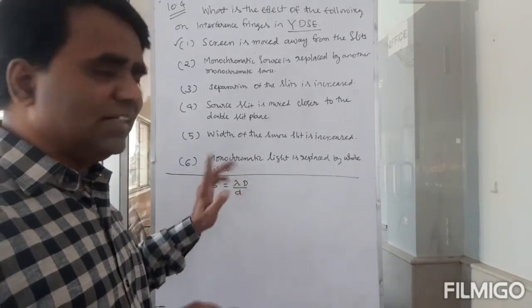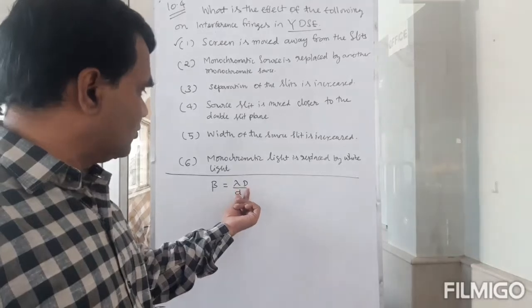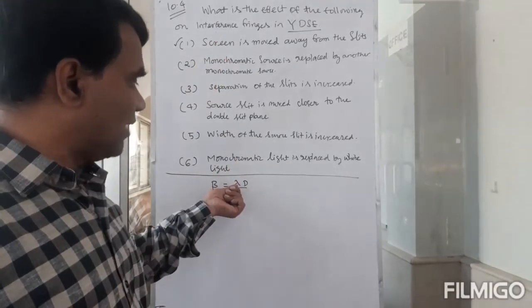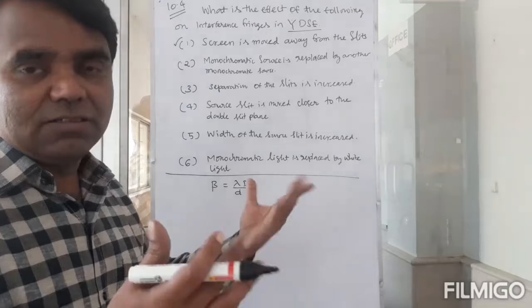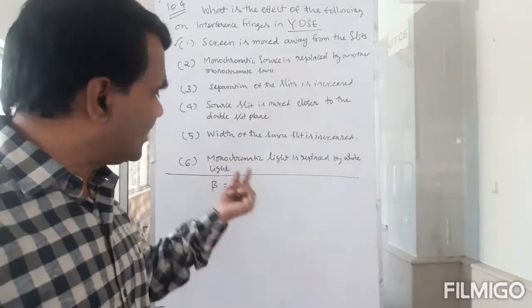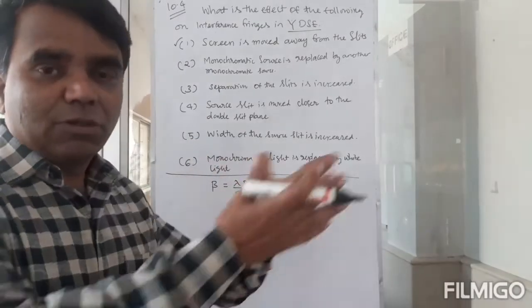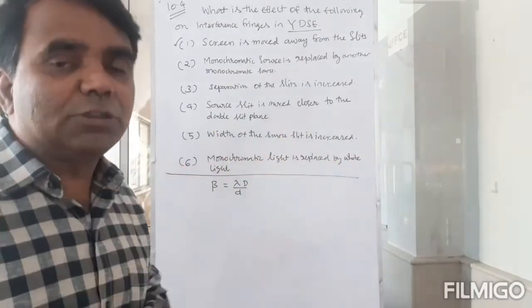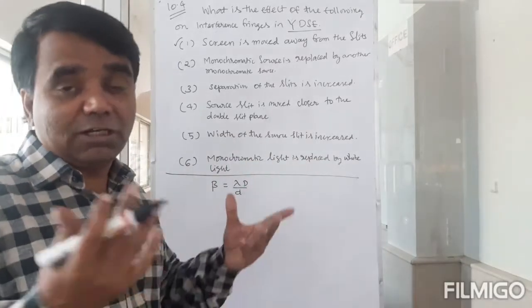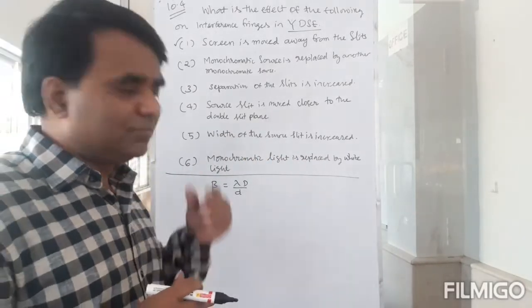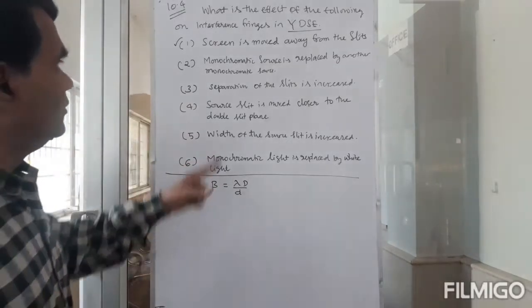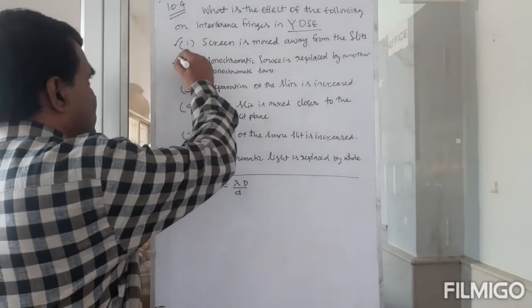So D doesn't change, d doesn't change. These two things don't change. You have just changed lambda. So depending on the lambda, the bandwidth will change. Because the lambda is changing here, the bandwidth will also change. So you will have one bandwidth for red, another bandwidth for yellow, yet another bandwidth for blue, and things like that. So this is also discussed already.